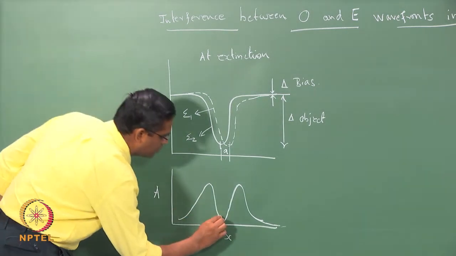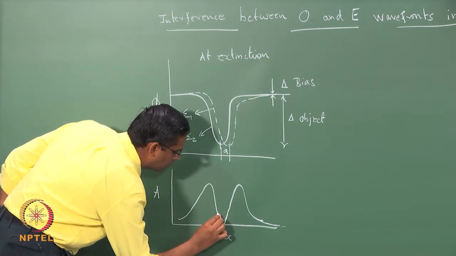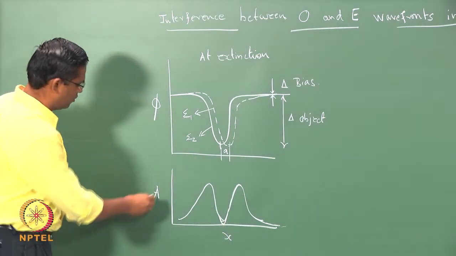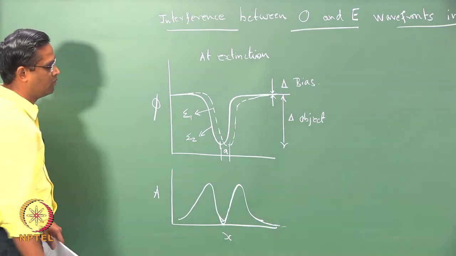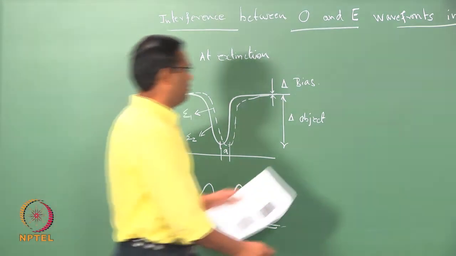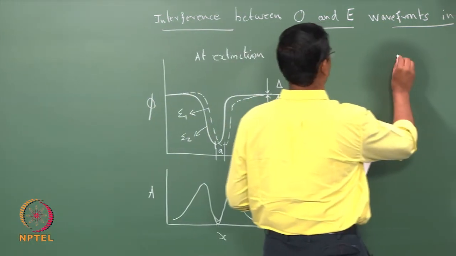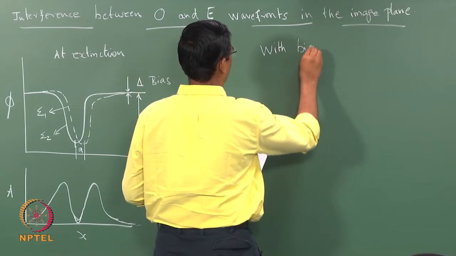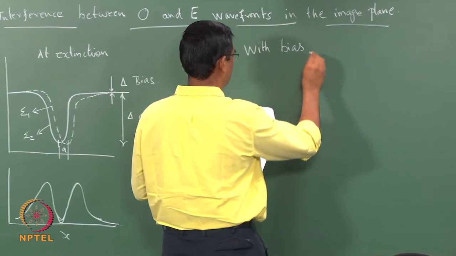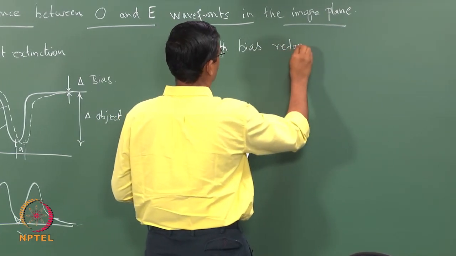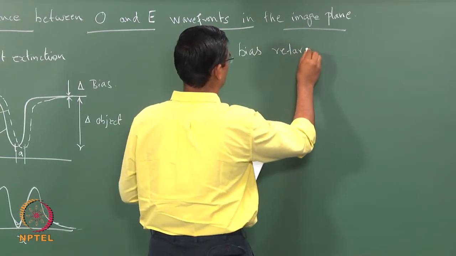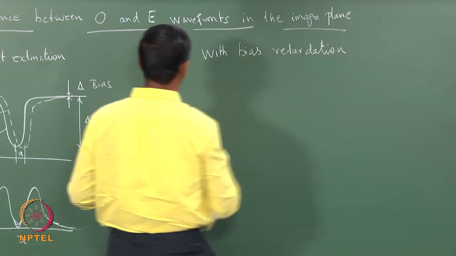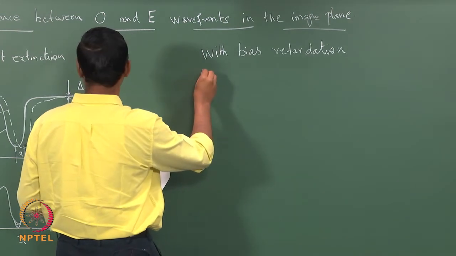This is almost equal to 0, so it should come like this. This corresponds to 0, the amplitude is 0, so there is no contrast. So with the biased retardation, what happens?